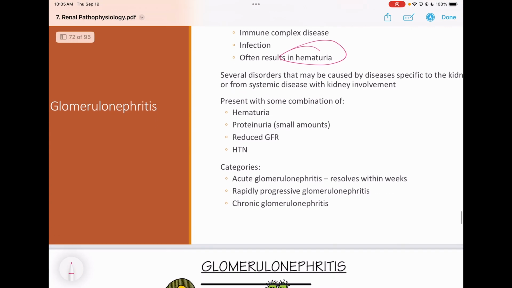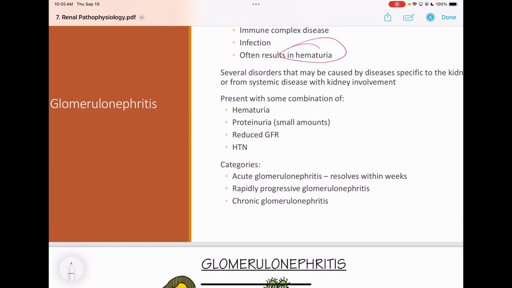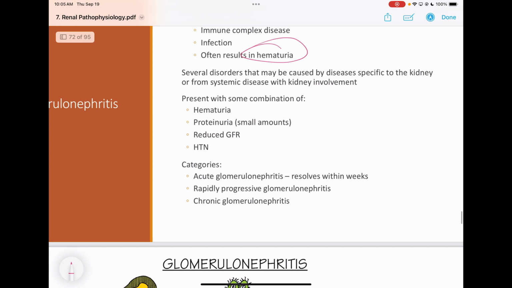What disorders have been linked? Here we go. Several diseases may be caused by diseases specific to the kidney or from systemic disease with kidney involvement. So things that happen elsewhere in the body, but their effects happen inside the kidney, causing changes in there.